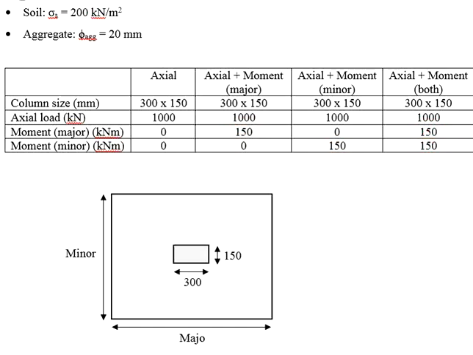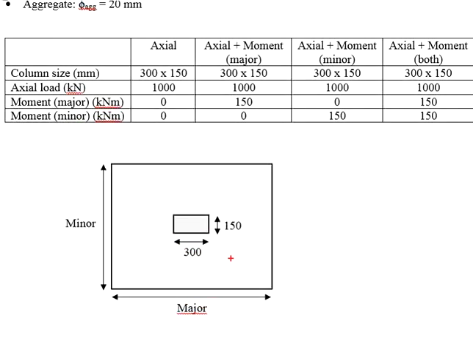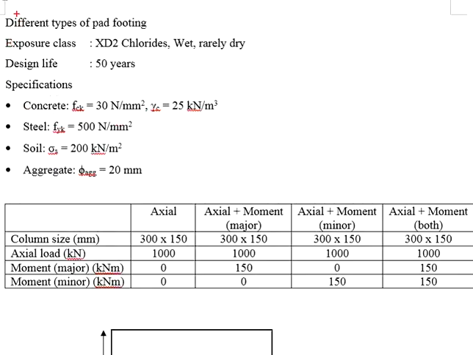Later in the calculations, since it involves the major and the minor axis, we have to standardize our understanding, where the major and minor axes are defined as per the column. The longer side of the column will be considered as the major axis, whereas the shorter side of the column will be considered as the minor axis. Having this understood, without further ado, let us get started.